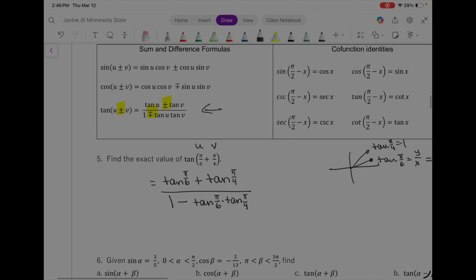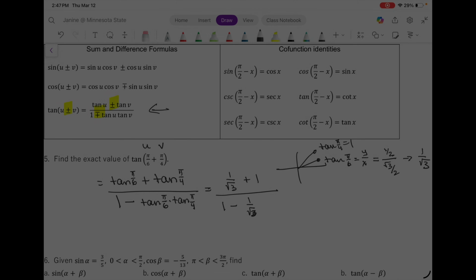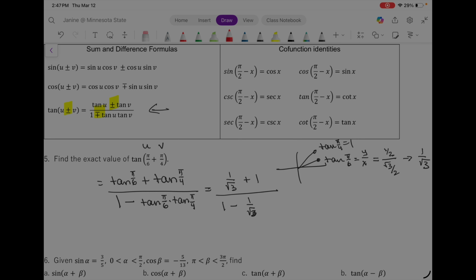Okay, so I'm going to come back over here. There are many different ways to simplify this. Here's how I'm going to do it, okay? One of the methods is I can multiply the top and the bottom by anything I want. And I'm a little bit sneaky, so I'm going to choose to multiply it by square root of 3.